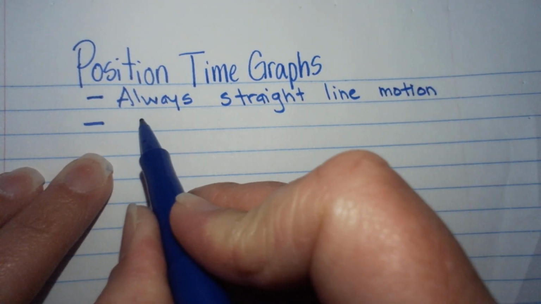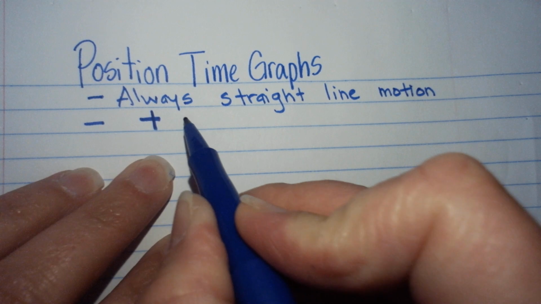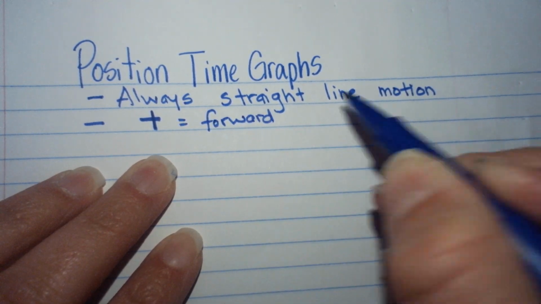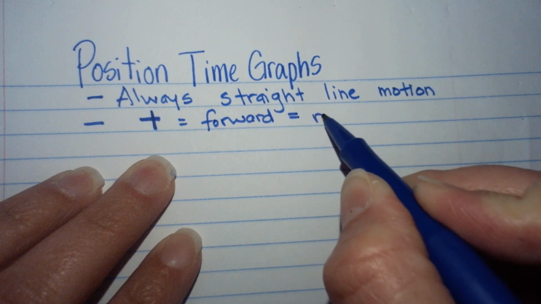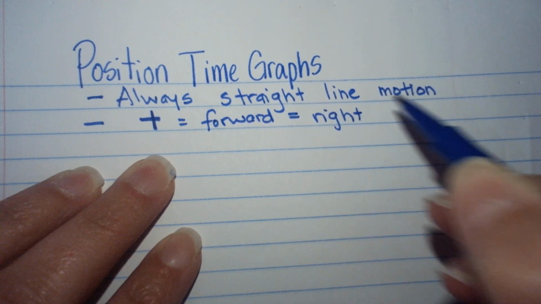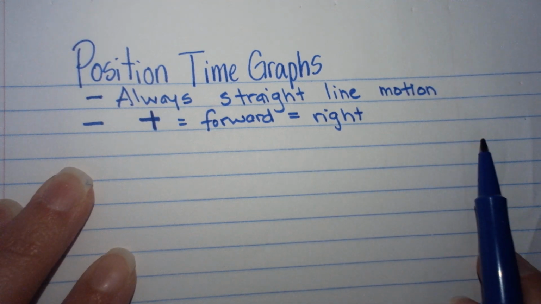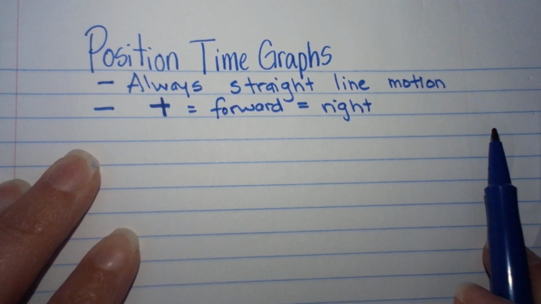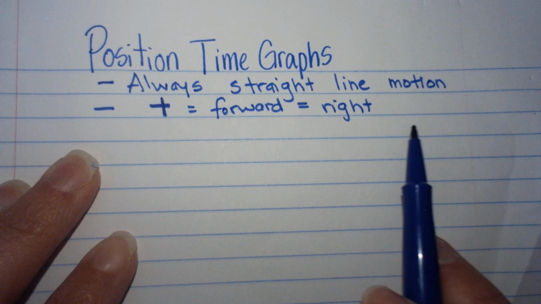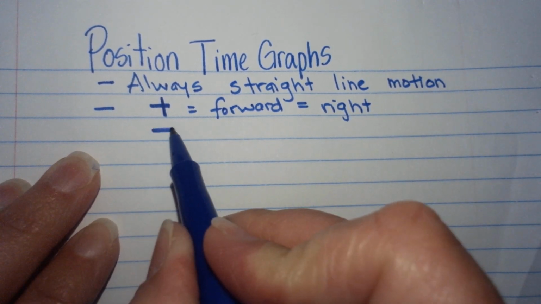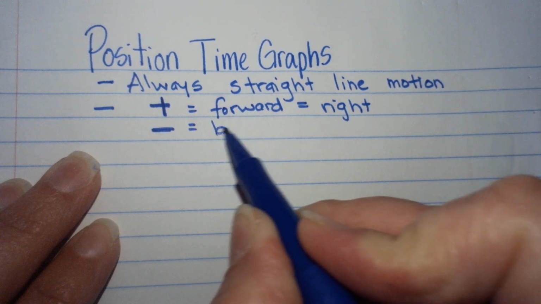Also need to know that positive motion equals forward or right. So if I move across the page to the right, I am moving in a positive direction. Okay, if I come back, moving across the page to the left, then that is a negative direction or backward.